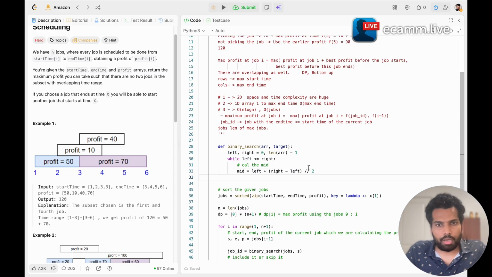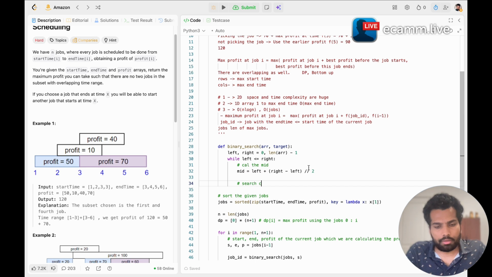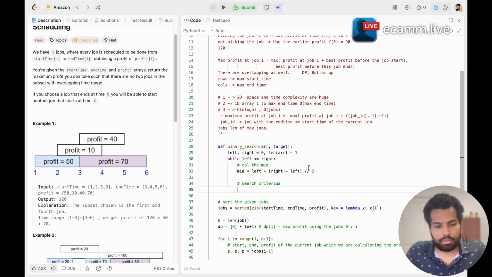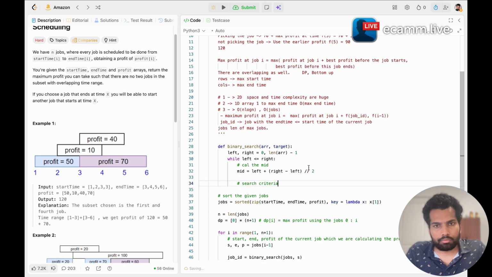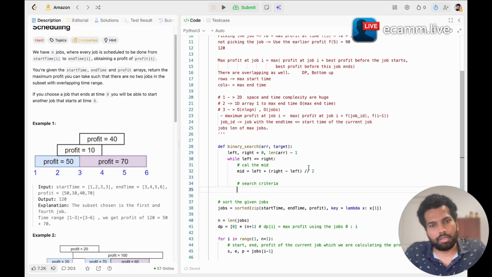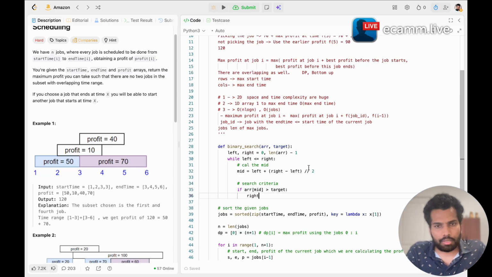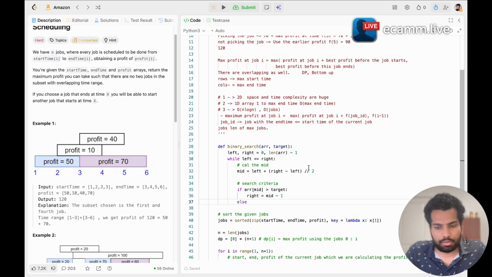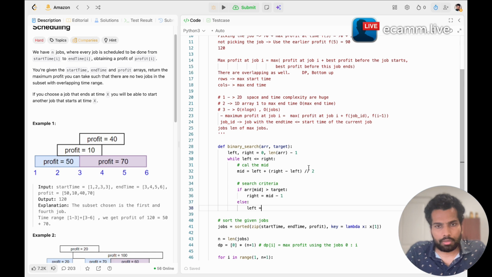So now the search criteria: if the arr[mid], let's say target, this is just a classic binary search, there's not much to explain here.